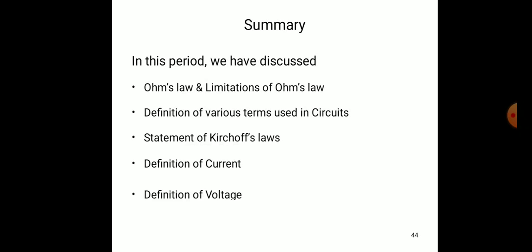Another topic is the definition of various terms used in circuits. We try to understand different terms, because the circuit terms should be known. Statement of Kirchhoff's laws and the definition of current and voltage.